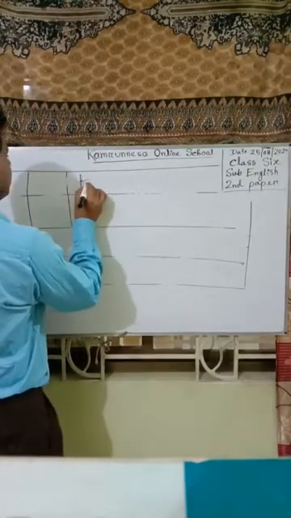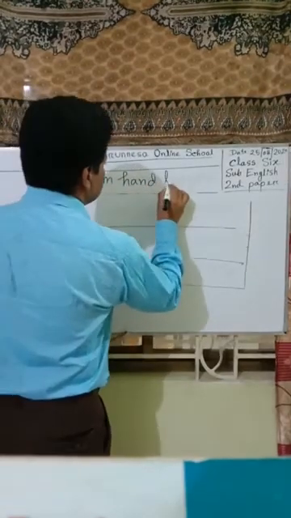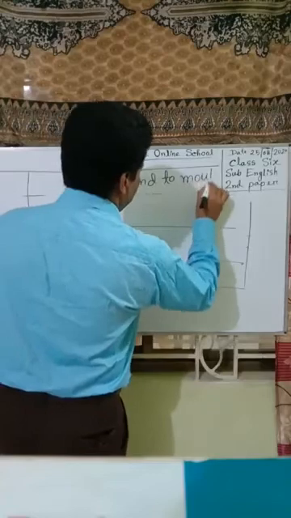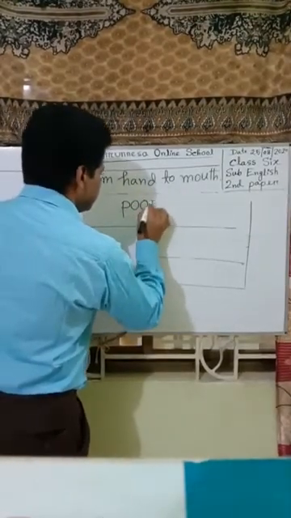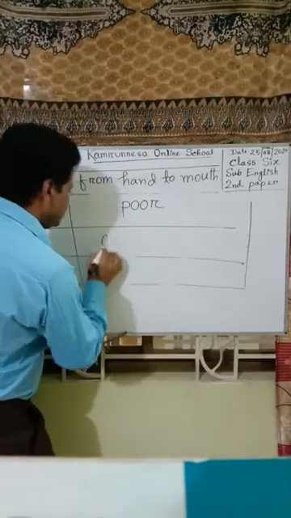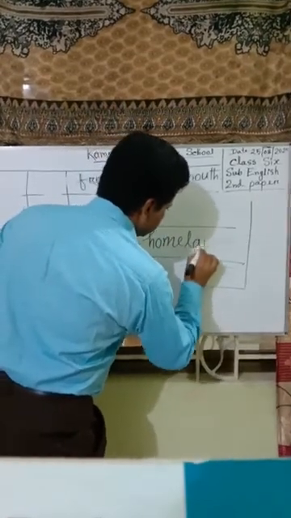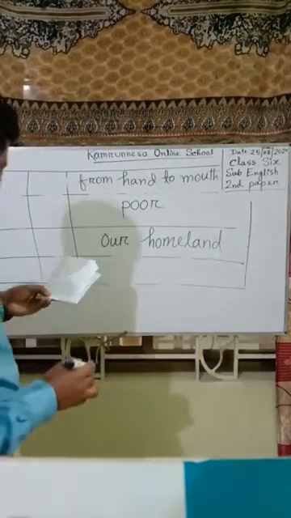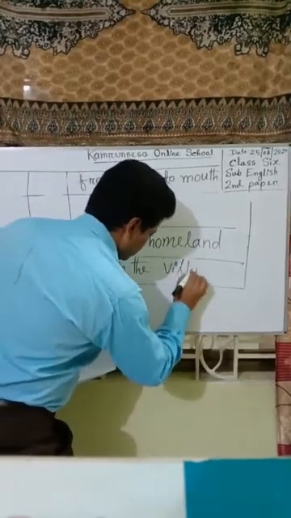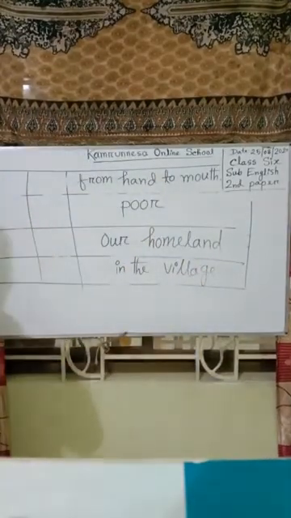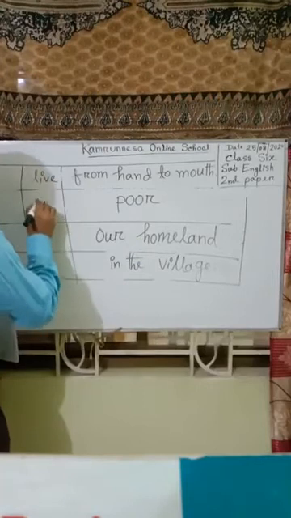From hand to mouth, poor, our homeland, and next in the place. In middle portion, live is are.